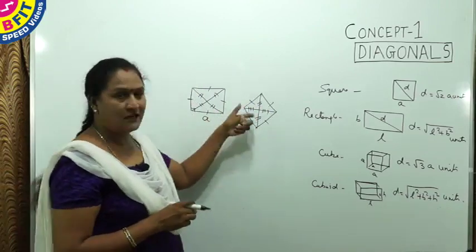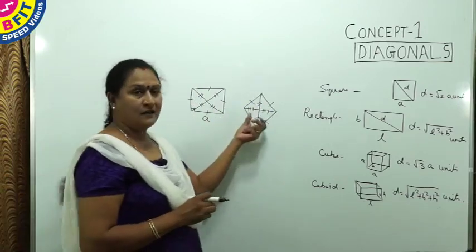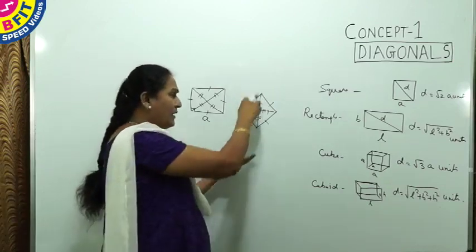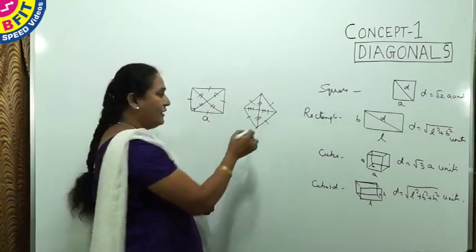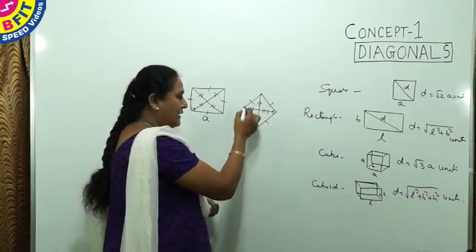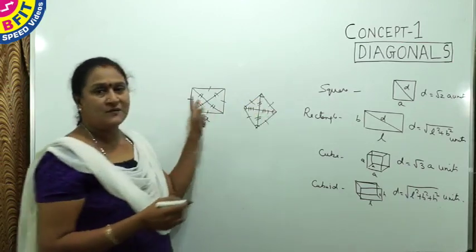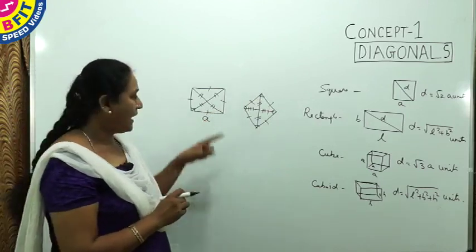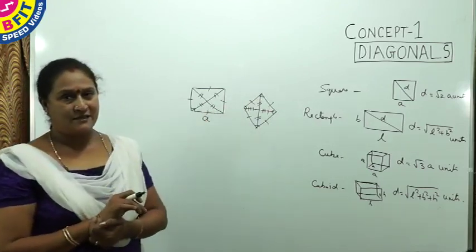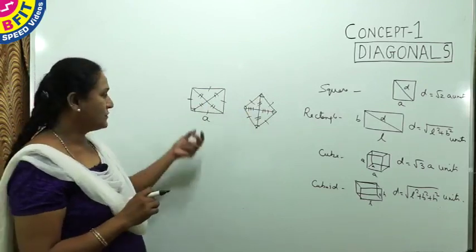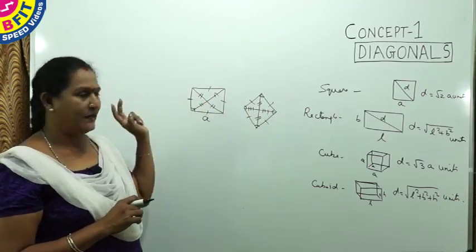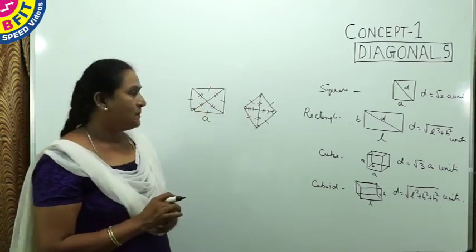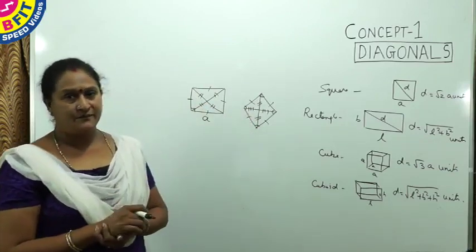So each diagonal is bisected, but the diagonals are not of same length. When we try to make the diagonal same, or when we try to make this angle 90, this becomes a square. So for a rhombus and a square, all sides are same, but for a square, diagonals are same and bisect. For a rhombus, diagonals are not same, but they bisect each other.